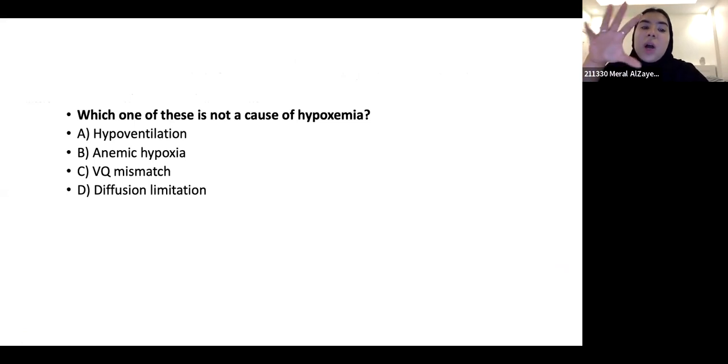Okay, but first, I want you guys to tell me, no cheating please, what are the 3 types of tissue hypoxia? Stagnant, anemic, and histotoxic, exactly. What are the 5 types of hypoxemia?